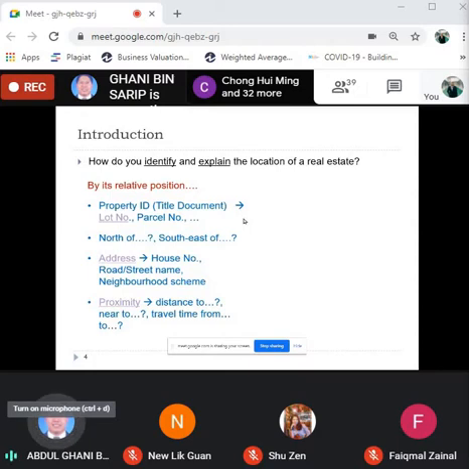Similarly they use a grid system, because a grid base shows direction, north of what, southeast of what, or the intersection of what road. That's because different countries have different ways of telling location.